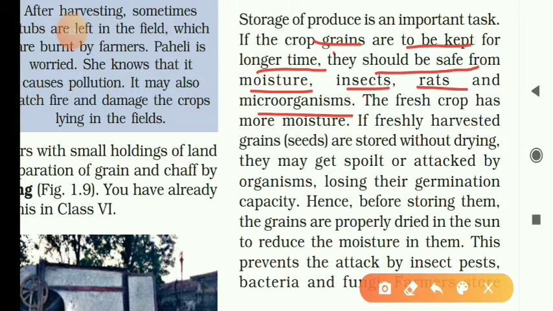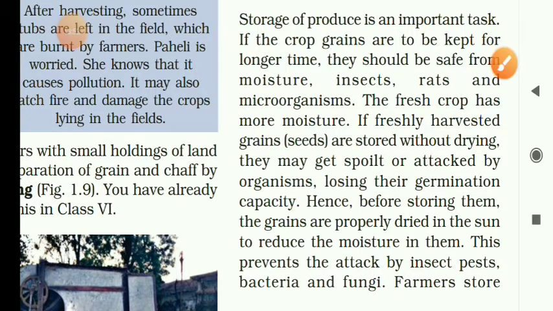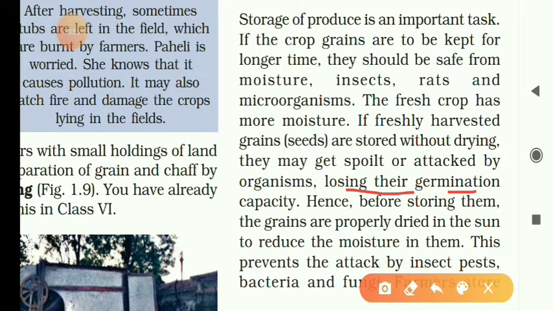They will destroy them. The fresh crop has more moisture. If freshly harvested grains are stored without drying, they may get spoiled, attacked by organisms, and also lose their germination. So to protect the grains or seeds, you should dry them.